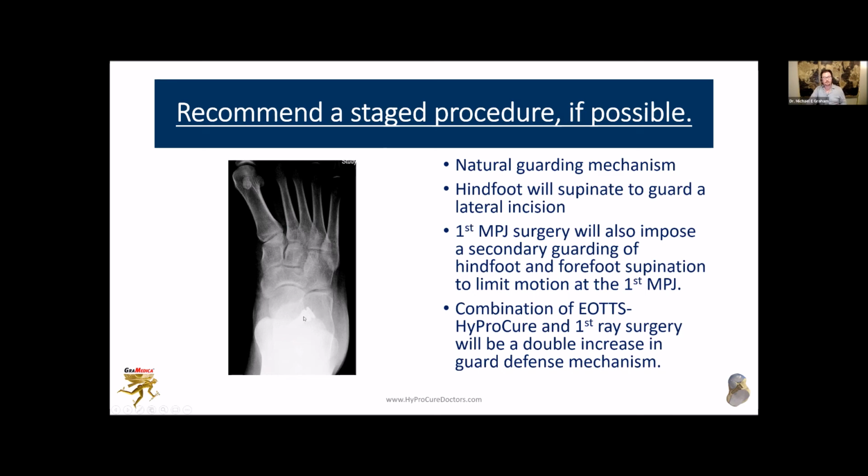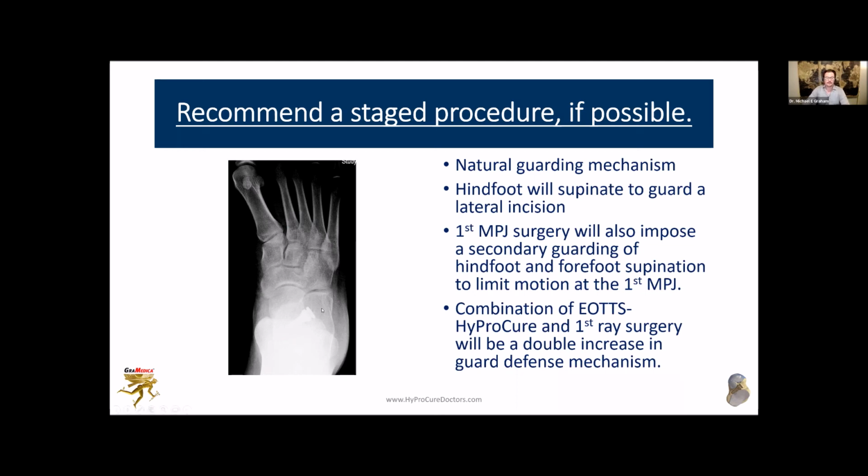So when you put in a HyProCure, you're going to have an over-supination that's going to happen in the hindfoot, and then when you perform first MPJ surgery at the same time, you're going to have that secondary guarding of your first MPJ. So now you have a hindfoot and forefoot supination, and the patient's going to walk really crazy for a while until the inflammation and pain subsides.